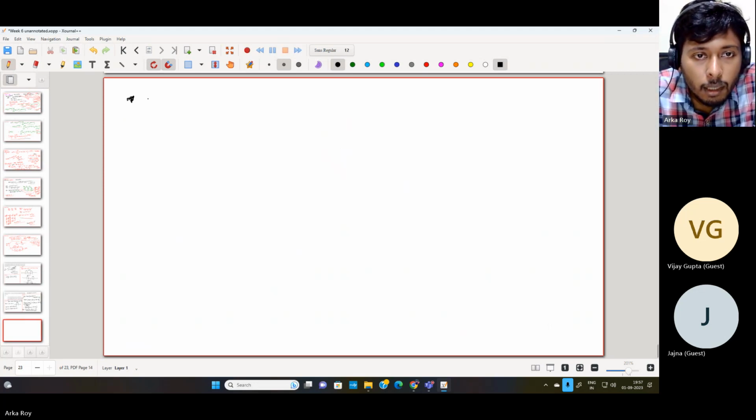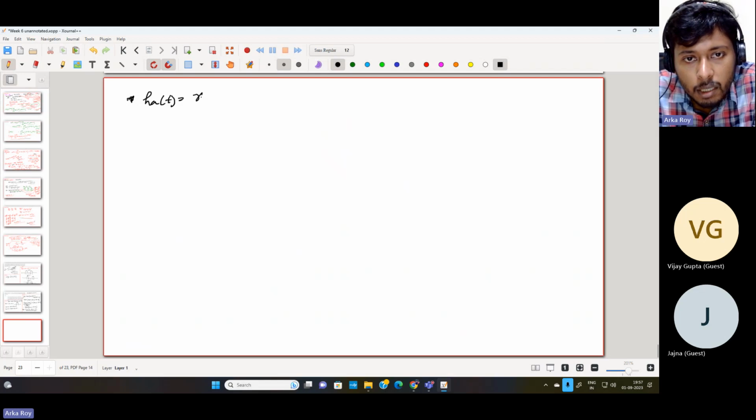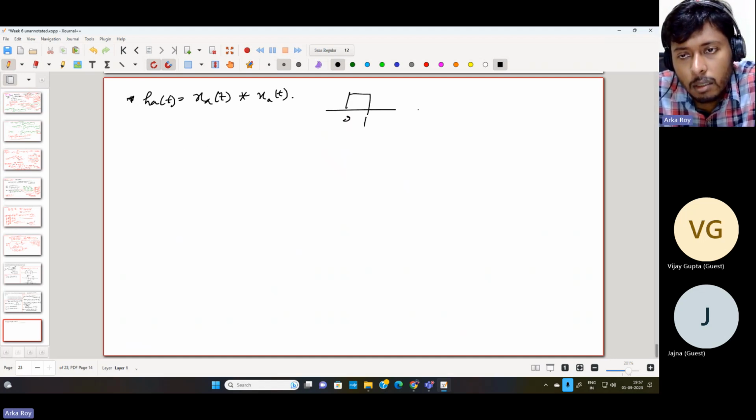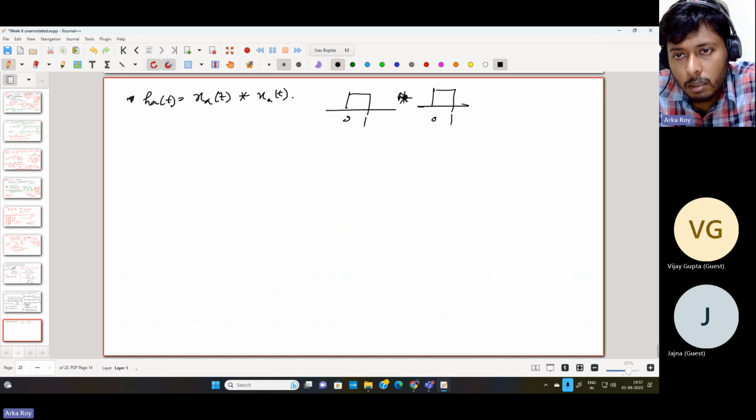So ha(t) is basically convolution of xa(t) with itself, xa(t) convolution xa(t). So graphically, it is convolution between these two signals.